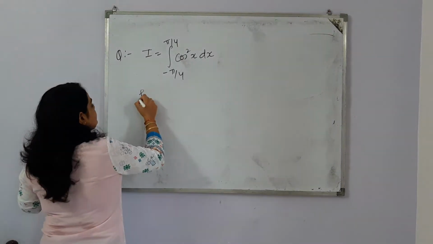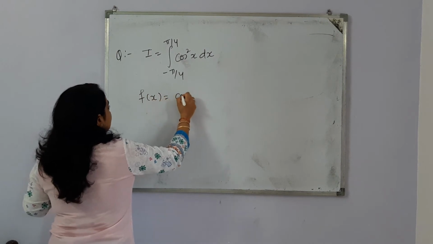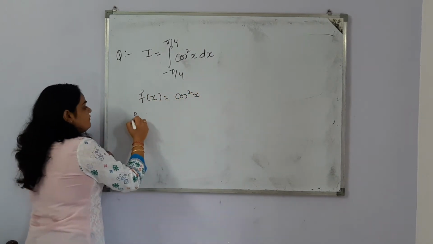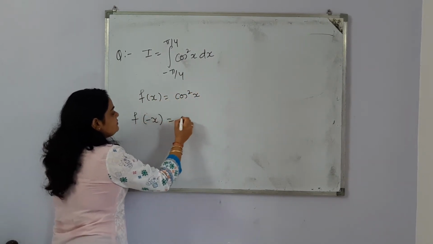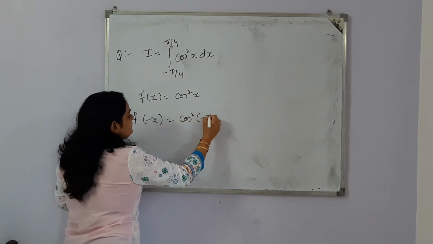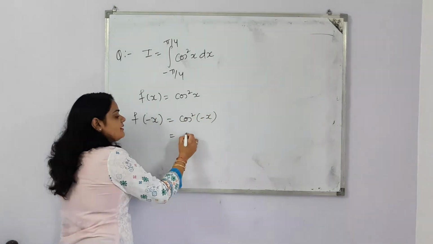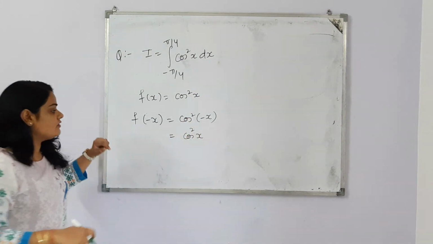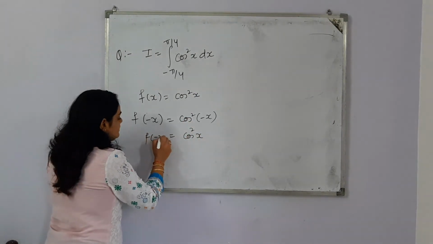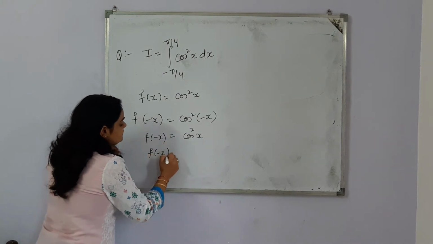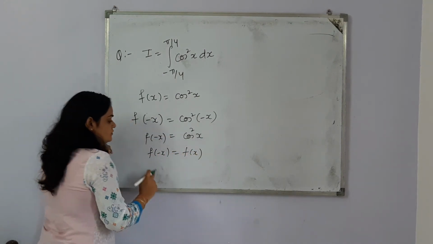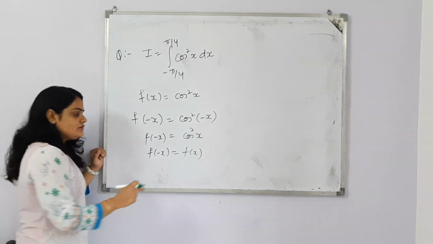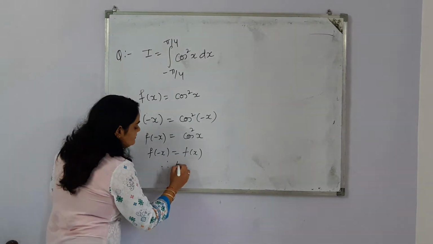Let's check. What is f of x here? It is cos square x. If we substitute x as minus x, cos of minus theta is cos theta, and squaring is there, so it is cos square x. This is directly f of x. So whenever f of minus x is equal to f of x, it is an even function.